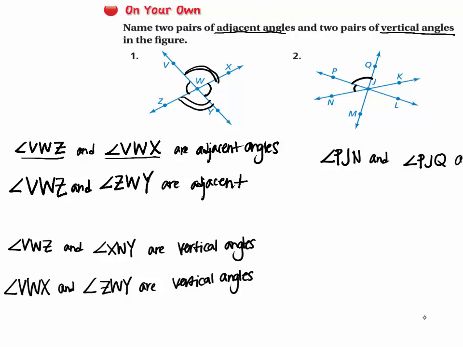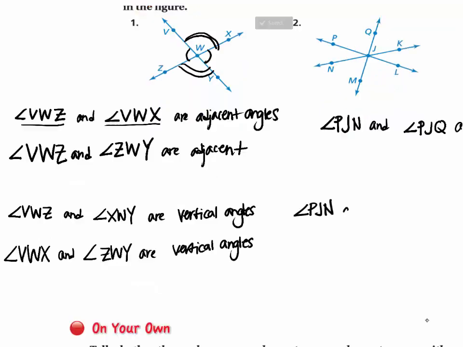And I'm going to give you one pair vertical. I'm going to start with angle PJN, same one. An angle that's opposite will be this one, angle L.